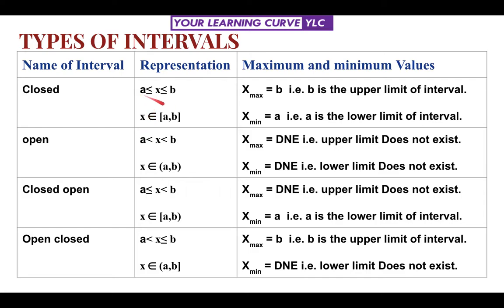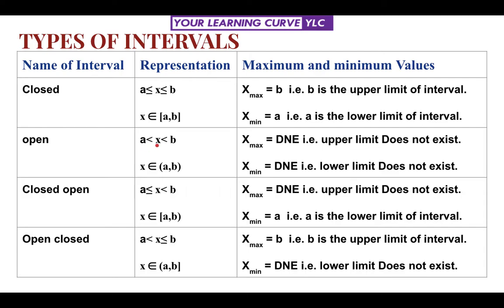We write [a, b], meaning the interval is from a to b, and the square bracket means that the end points of the interval are included. That is, a to b is the interval, and the square bracket means we have included a, and the square bracket means we have included b. Open bracket means we are not including the end points.